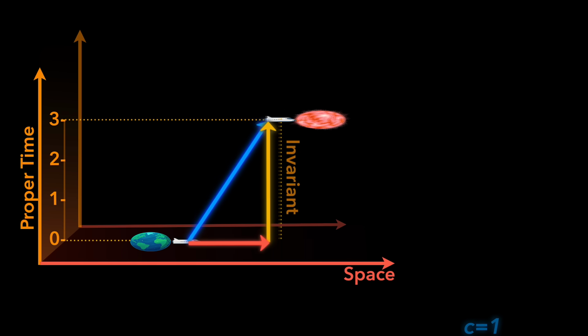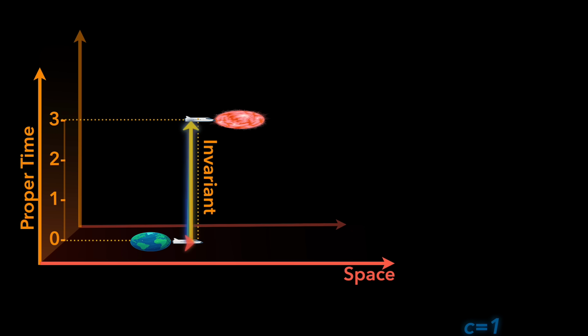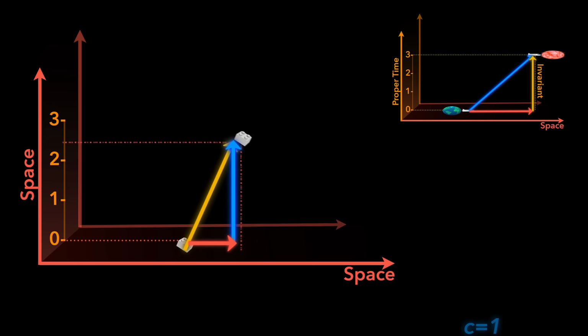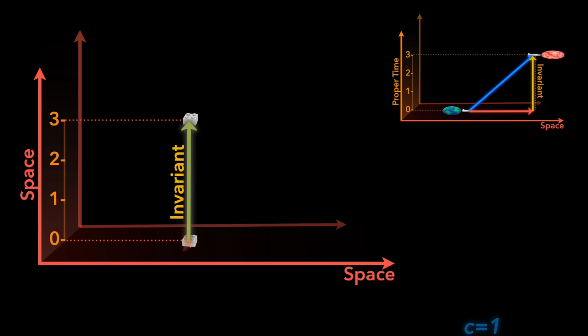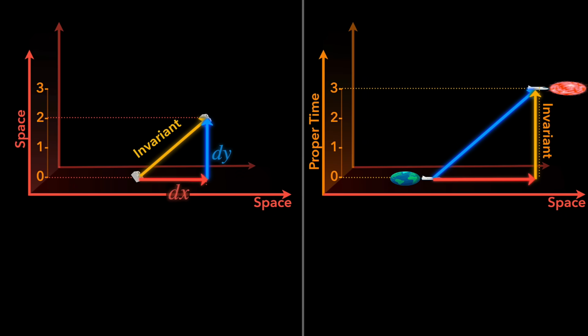That's the invariant. The hypotenuse and the base are the shadows. But in normal space, when we tilt the frame, the hypotenuse is the invariant. That's why in normal space, the formula for the invariant ends up with a plus sign.